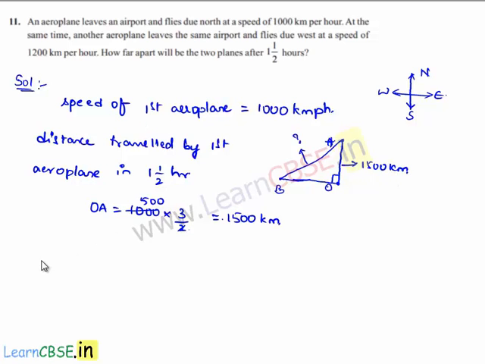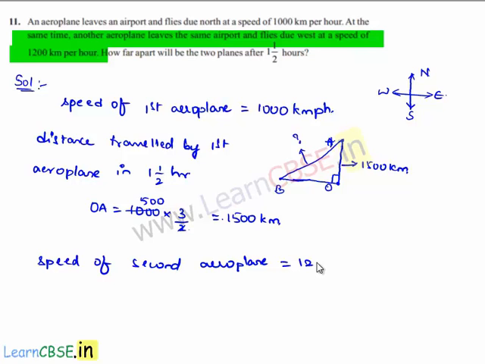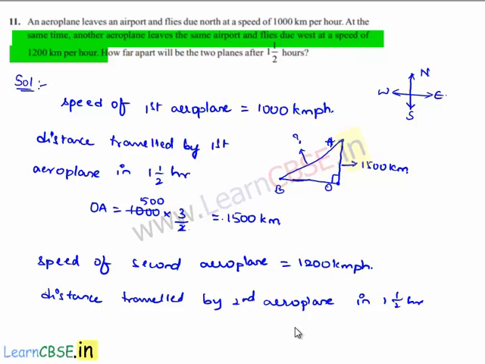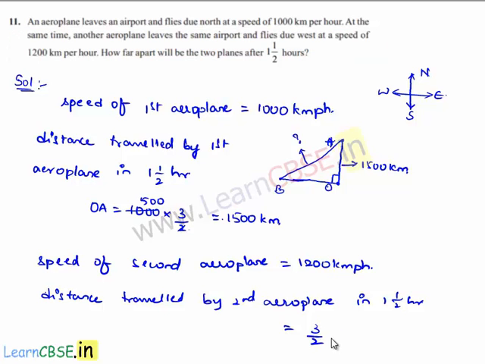Now similarly, the speed of second aeroplane is 1200 km per hour, and let us calculate the distance travelled by second aeroplane in 1.5 hours, which is equal to 3/2 times 1200 km per hour, that will be equal to 1800 kilometers.